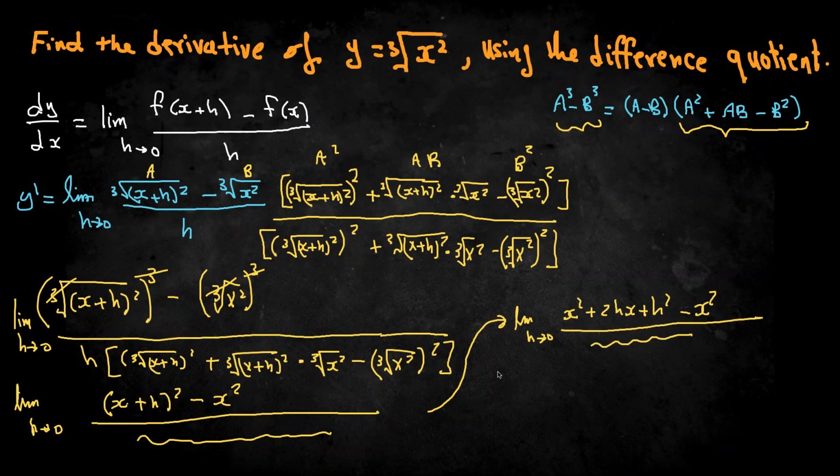I'm not going to copy this to the last step. The x squared here will cancel with the x squared right here. So we have 2hx plus h squared, which we can factor h out of, and I'm going to get h times 2x plus h right here, all over.